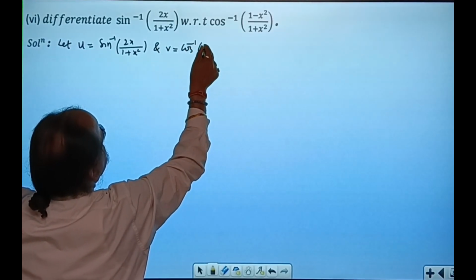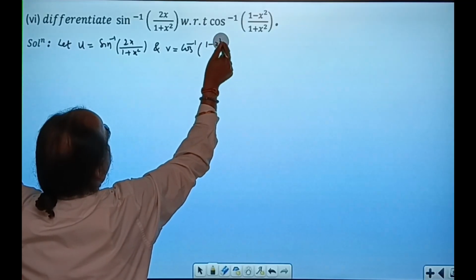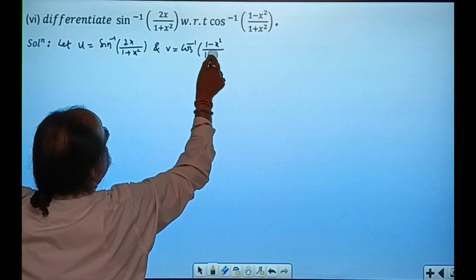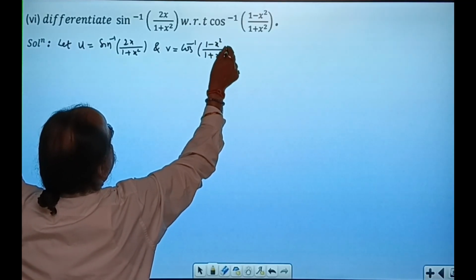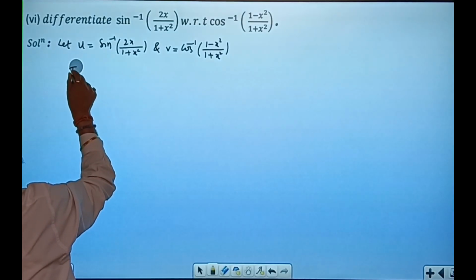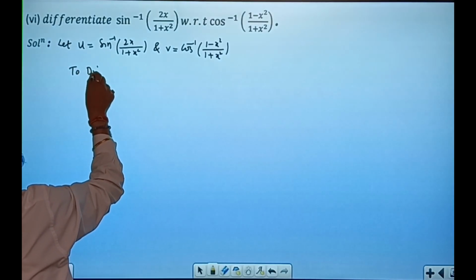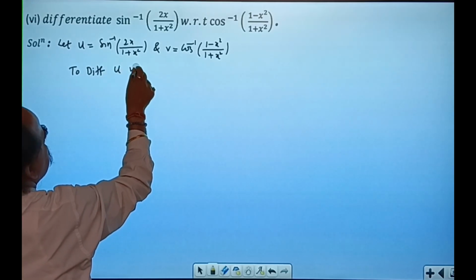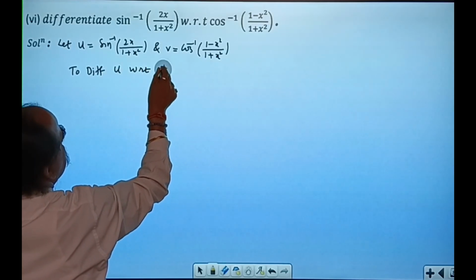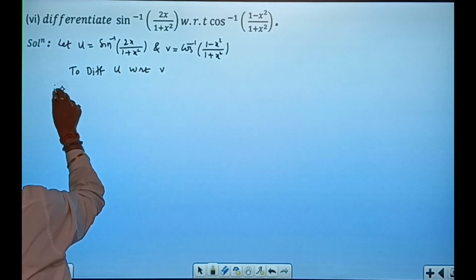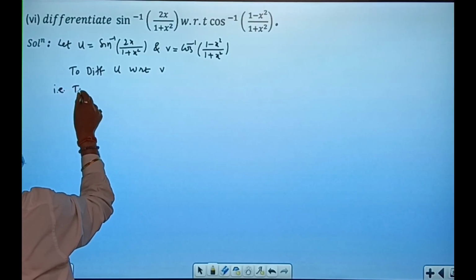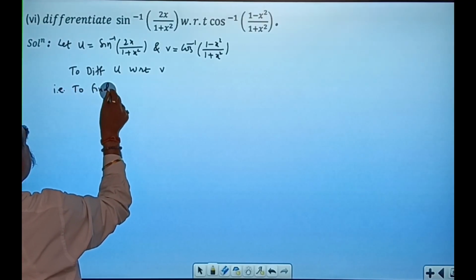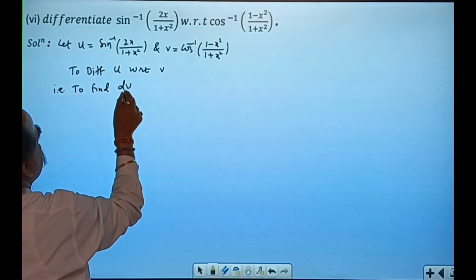Cos inverse 1 minus x square upon 1 plus x square. To differentiate u with respect to v, that is to find du by dv.